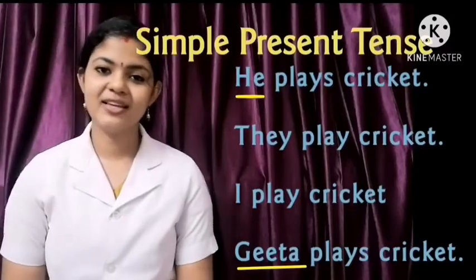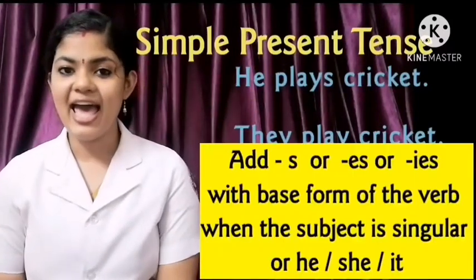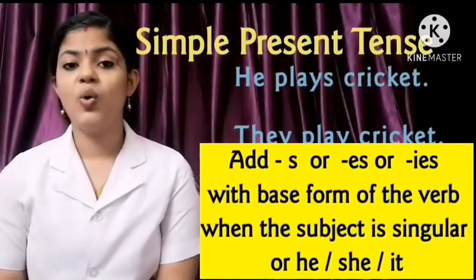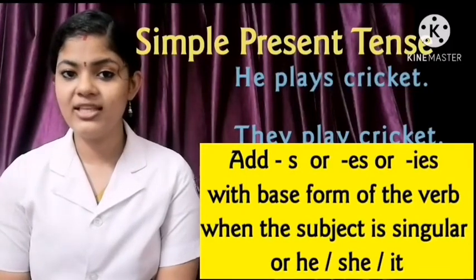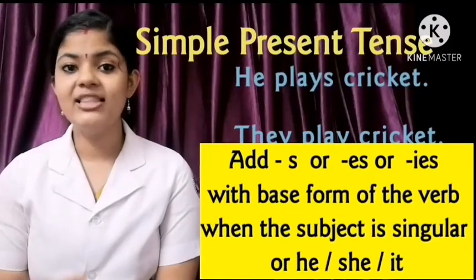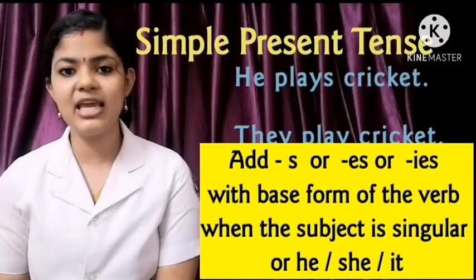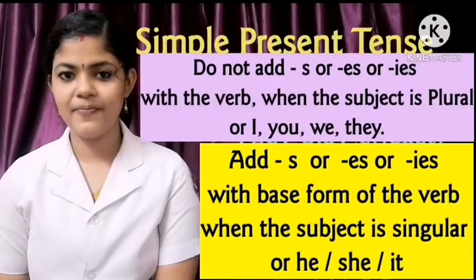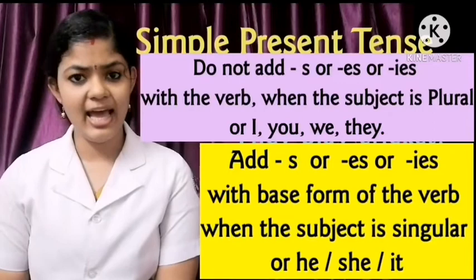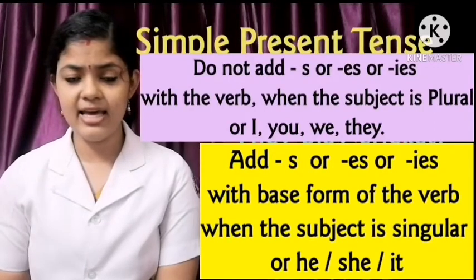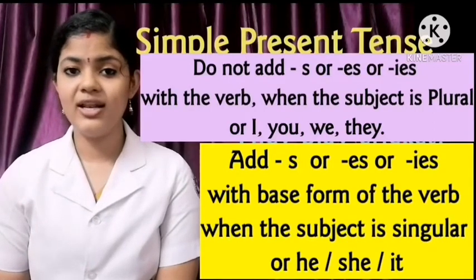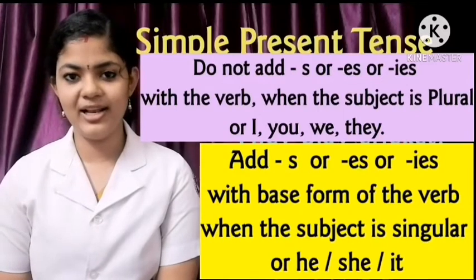See children, we add s or es or ies to the verbs when the subject is singular. We do not add s, es or ies to the verb when the subject is plural.